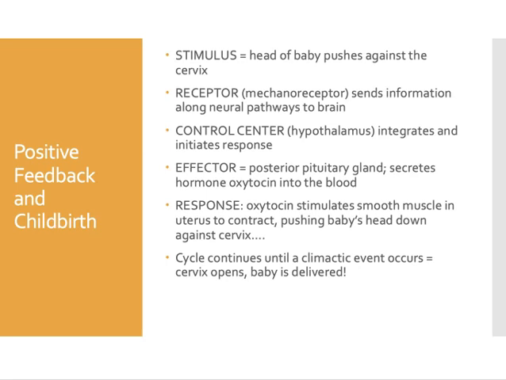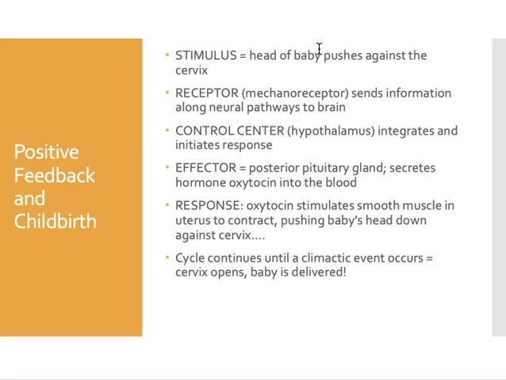I've done the same thing on this slide that I did on the earlier slide. I've simply written it out in words: positive feedback and childbirth. The stimulus here is the increase in pressure on the cervix, the head of the baby pushing down against the cervix.